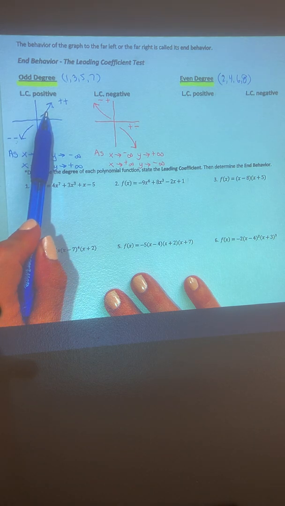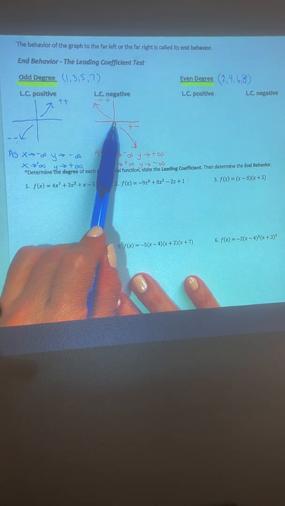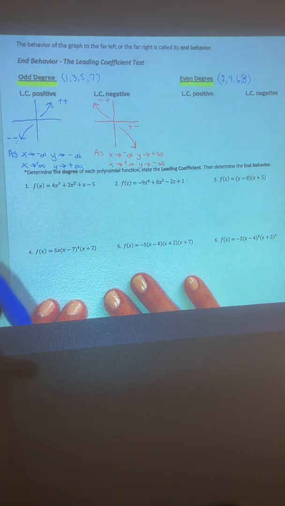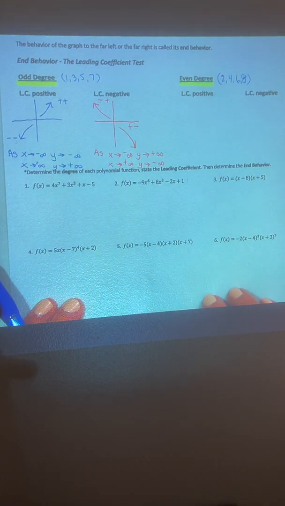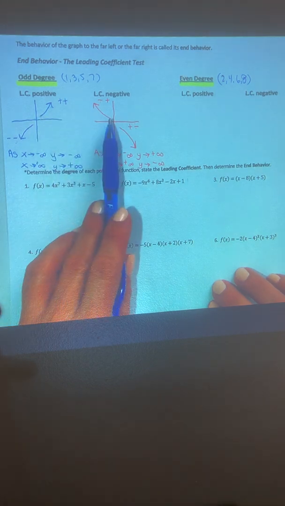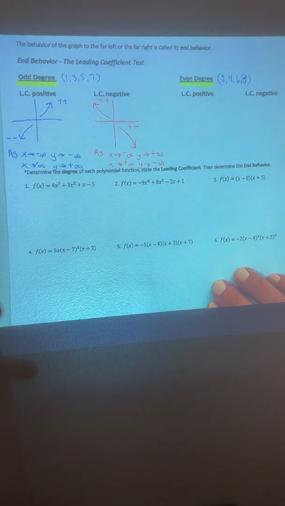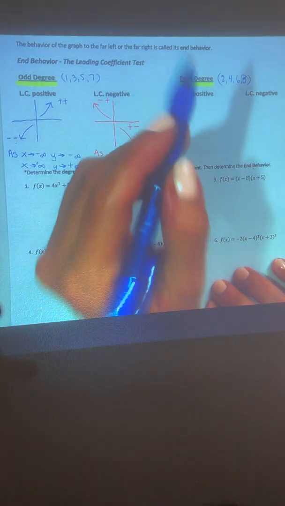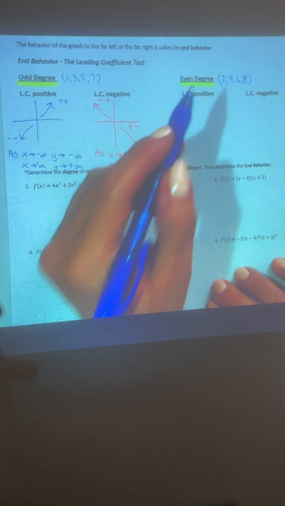This is odd positive, odd negative. All right, and at the end, I'm going to look like an idiot, and you'll see me look like an idiot, showing odd positive, odd negative, even positive, even negative. Okay, next, even degree. Okay, so what does end behavior when it's even positive look like?